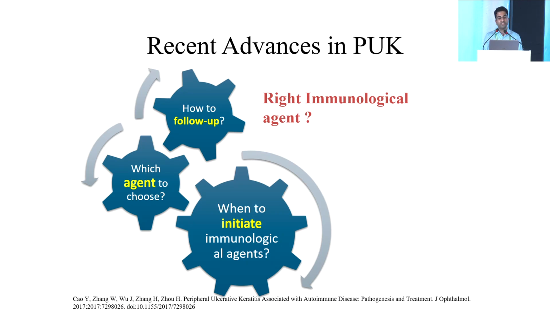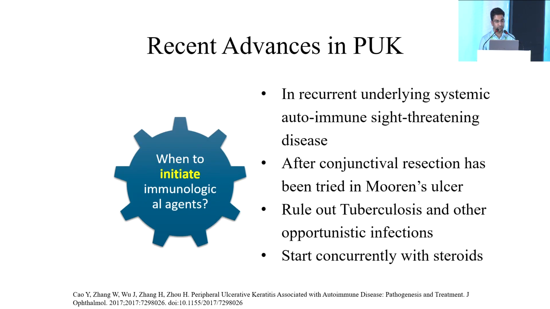Which is the right immunological agent, how to follow up, what to choose, and when to initiate all depend upon the patient's severity of symptoms, recurrence, or associated systemic diseases. So, this has to be a custom-made treatment depending upon the patient's presentation.